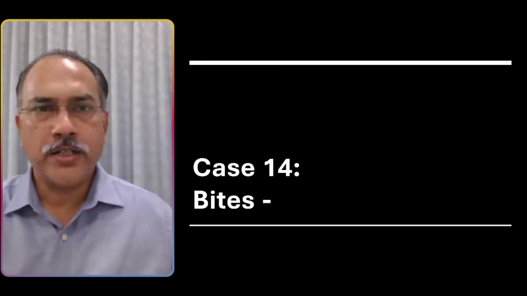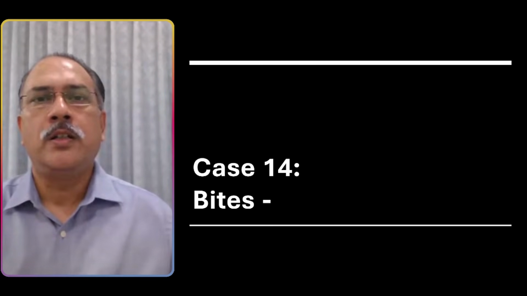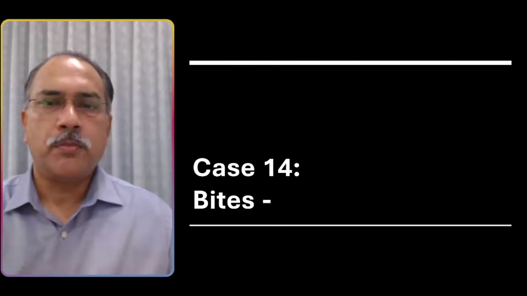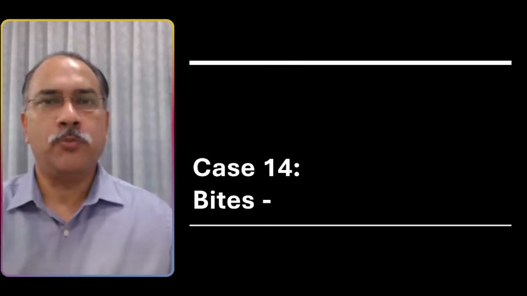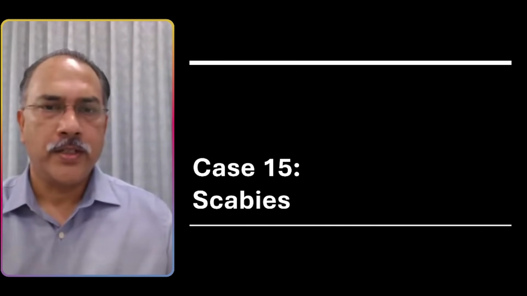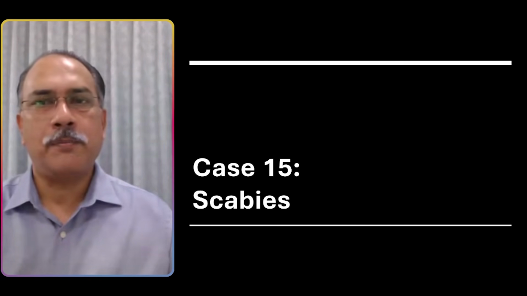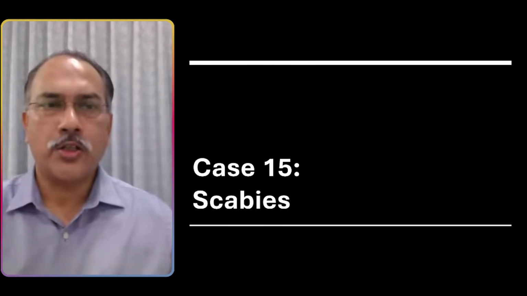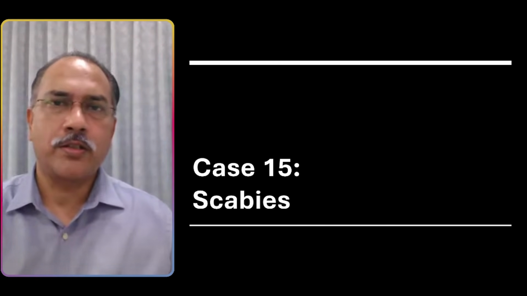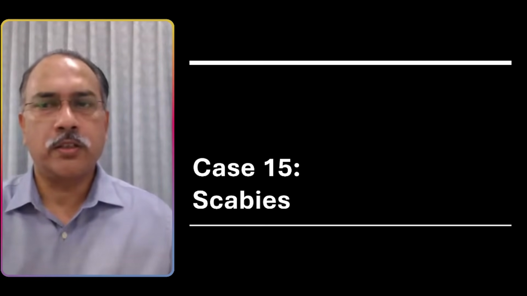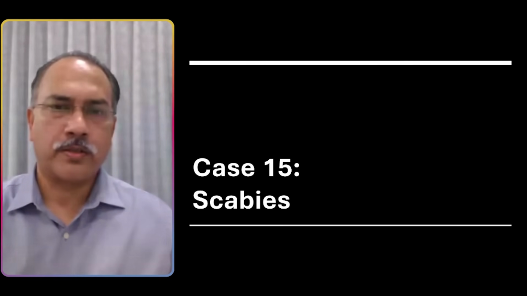If it is animal bites, and depending on the animal, you may want to look at what antibiotic you're going to give, but make sure that you give appropriate immunization if it's a dog bite or a cat bite. Scabies, single dose application of permethrin, enough. If you are not sure, then you can use ivermectin, and these two together will be able to take care of scabies.